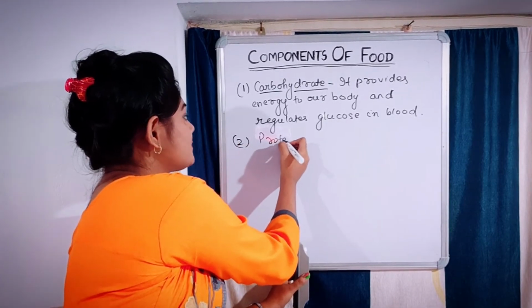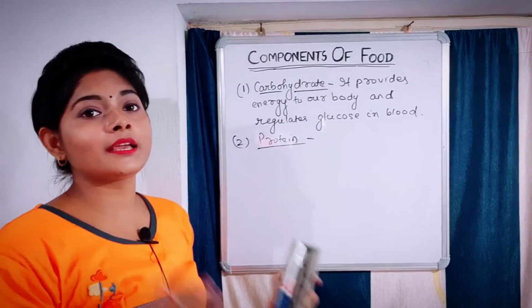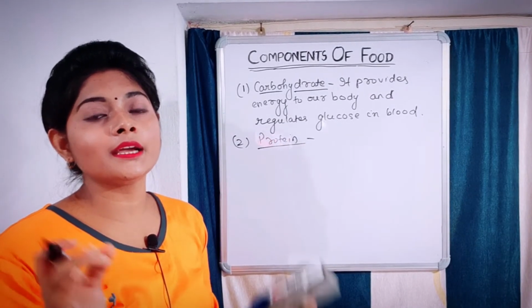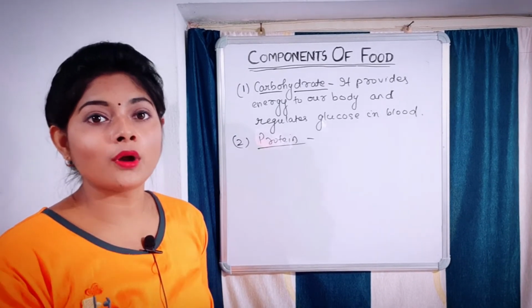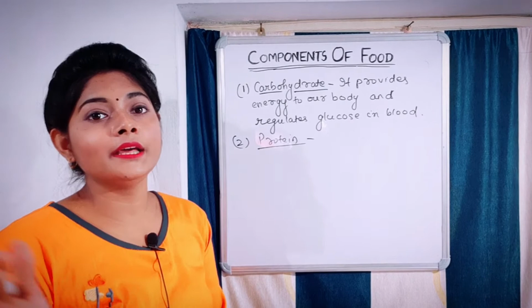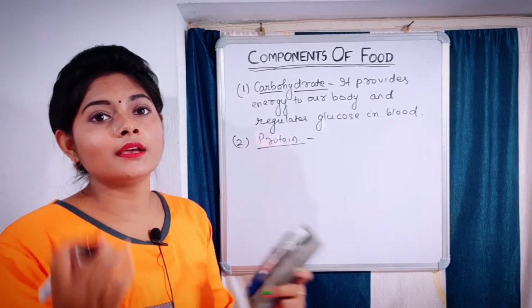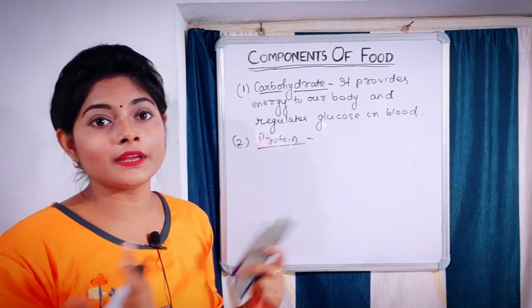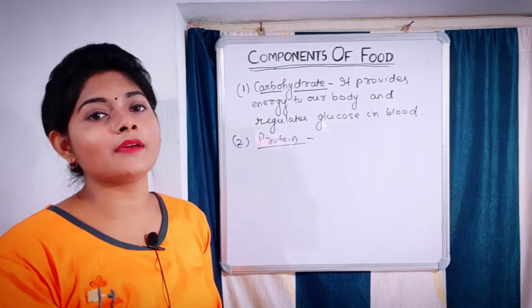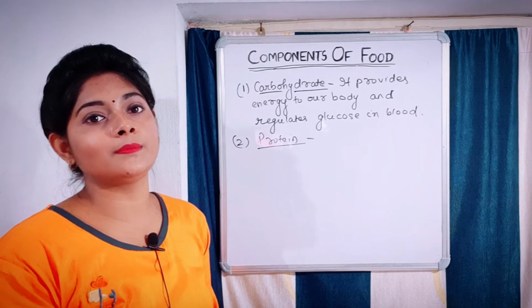So what is the function of protein? Protein is the body building nutrient for our body. What does that mean? Protein builds and repairs our body. In our home, when any repairing work is done, what do we need? We need cement. Similarly, the same work is done by protein in our body.